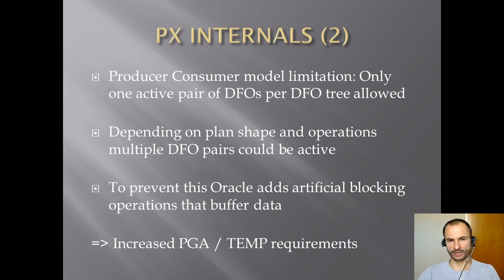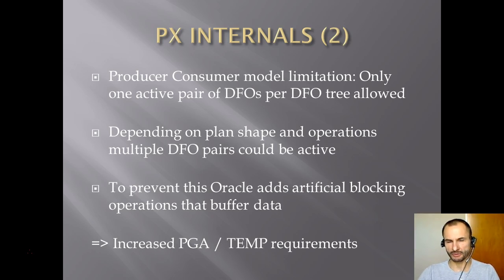But as I've just outlined, if you follow the plan shape, then in principle multiple of these redistribution operations would have to be active at the same time. But this is simply not possible, at least up to and including 12.1. Oracle does not allow this.